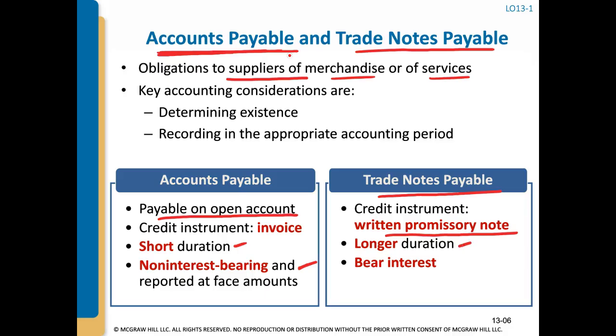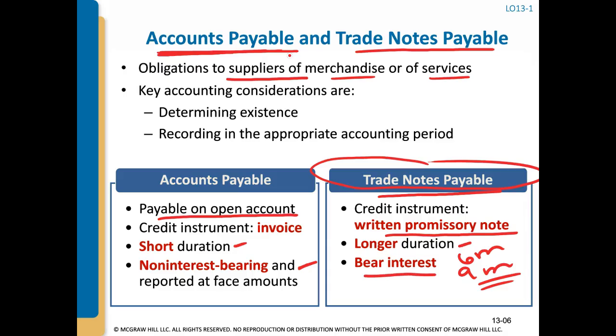Now, when we're talking about current liabilities, these will be due within a year, but these trade notes payable might be, let's just call it, a 6-month or 9-month duration. So it's taking the company longer. If a company expects that it will take them longer to pay their suppliers, the suppliers might demand that they issue a trade note payable.